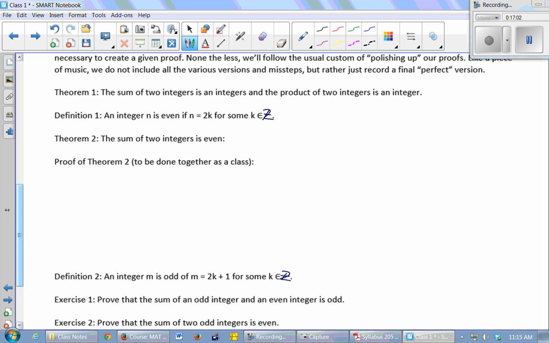Does that sort of fit the flavor of what you think of as an even number? Like 8, right? 8 is even. The reason it's even is because you can write it as 2 times 4. And 12 is even because you can write it as 2 times 6. Does that make sense? So every number that's even, it's even because it fits this definition, because you can write it as 2 times something, where that something is another integer.